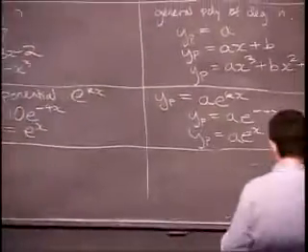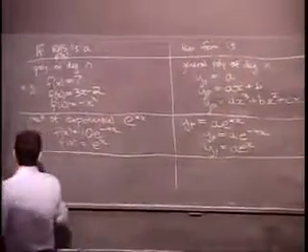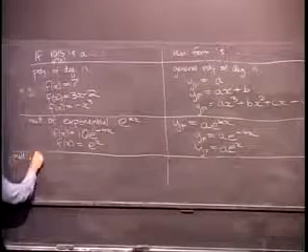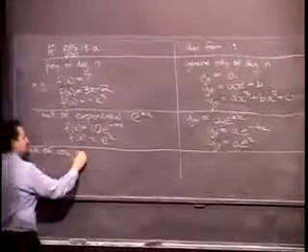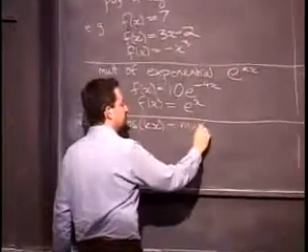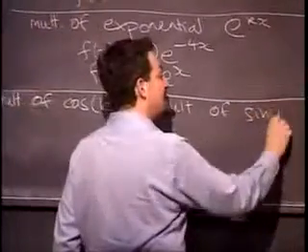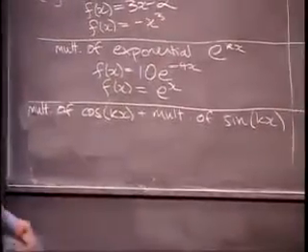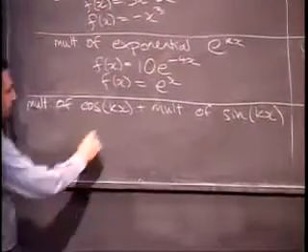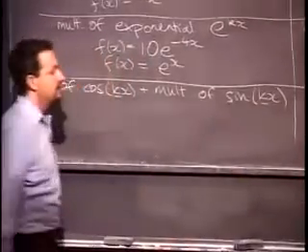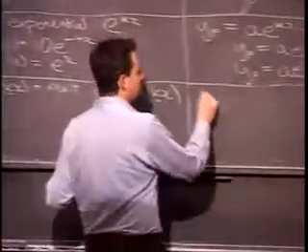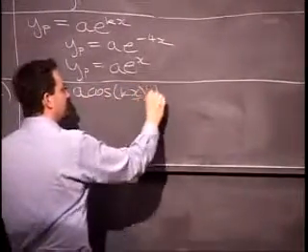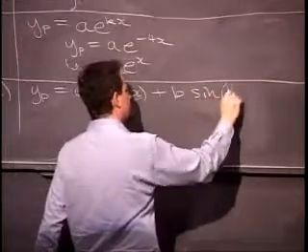All right, there's a few other types. What if you end up with a multiple of cosine kx plus a multiple of sine of kx? And maybe it's just cosine by itself, or maybe it's sine, or maybe it's some combination, but with the same number here. Well then, the guess that you make is also a general multiple, a cosine kx plus b sine kx.